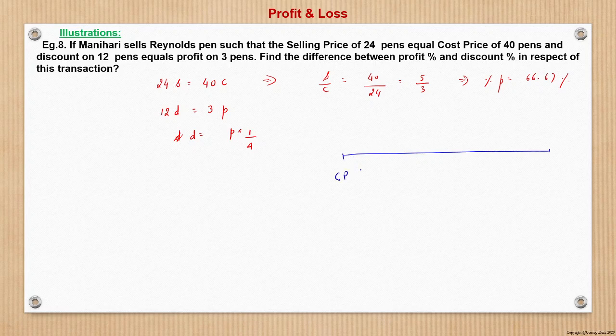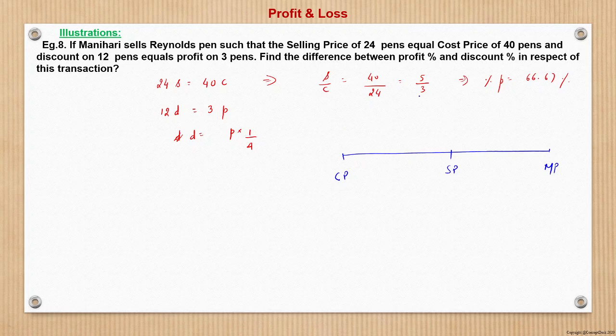Let this be CP, there would be somewhere MP. So actually what happens, MP is typically more than CP, so CP, MP, and there would be SP. So what happens from CP to MP?